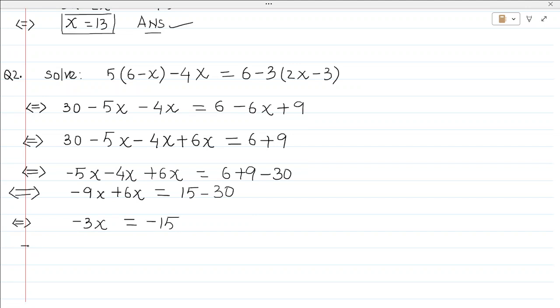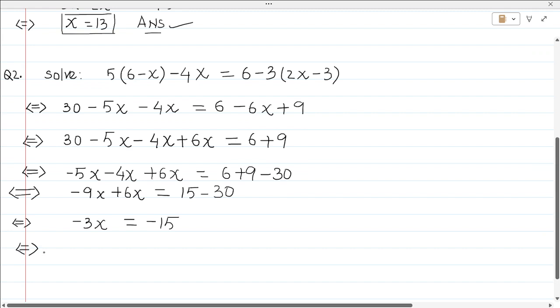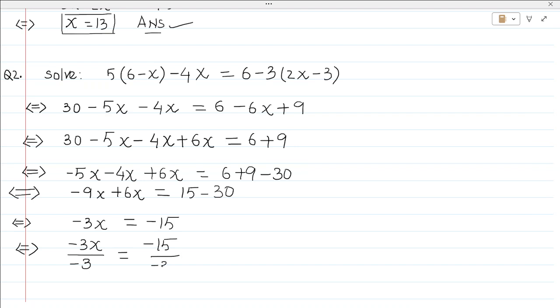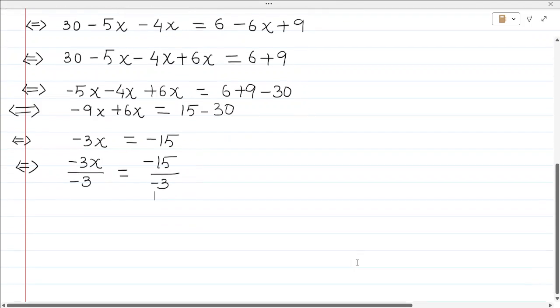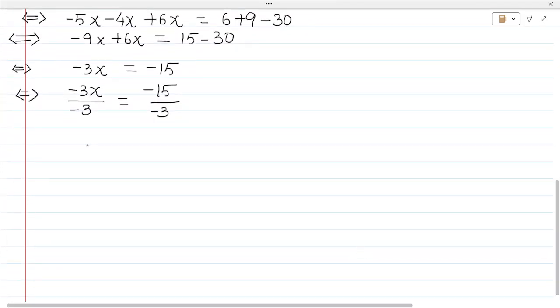Since we need x, so dividing both sides by minus of 3. So dividing both the sides with minus 3. So when we're dividing with minus 3, this minus 3 and this minus 3 get cancelled with 1, and this sign is cancelled by this sign, so 3 5s are 15.